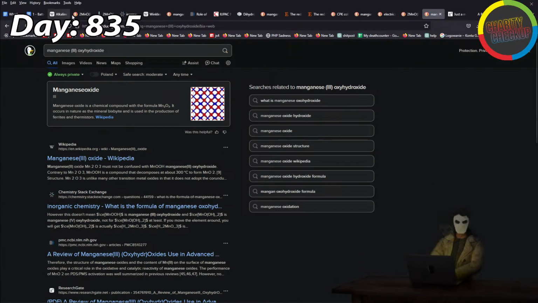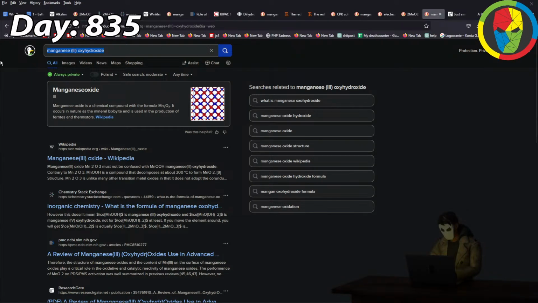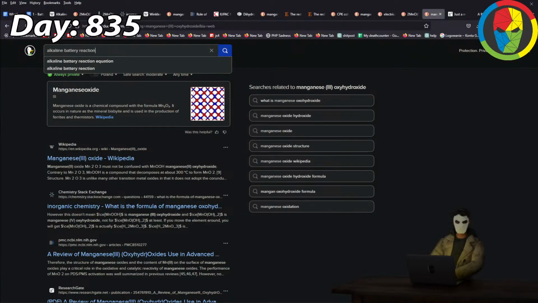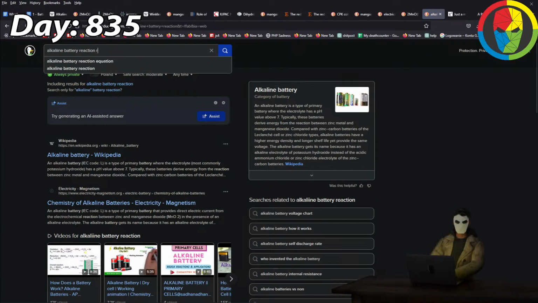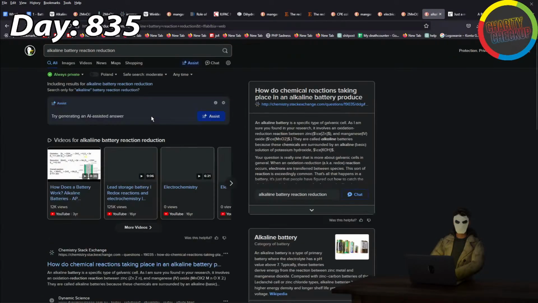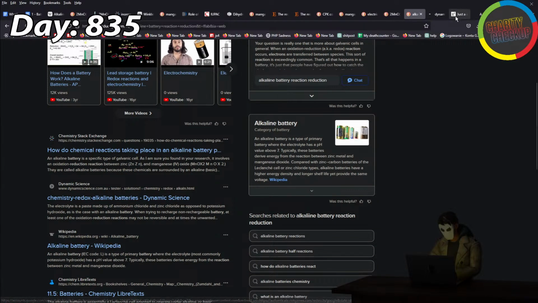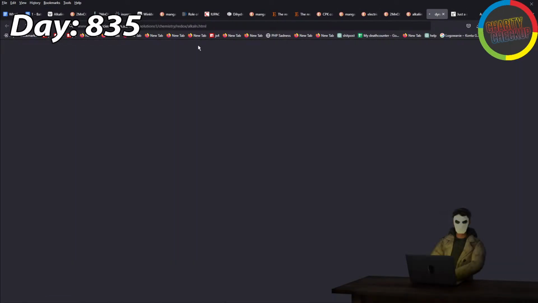Hold on. Let's just try alkaline battery reaction. Reduction, to be more specific. That's the part we are interested in. Dynamic science.